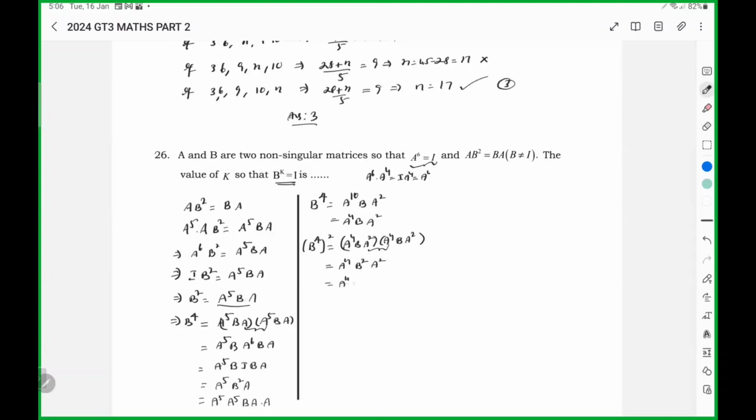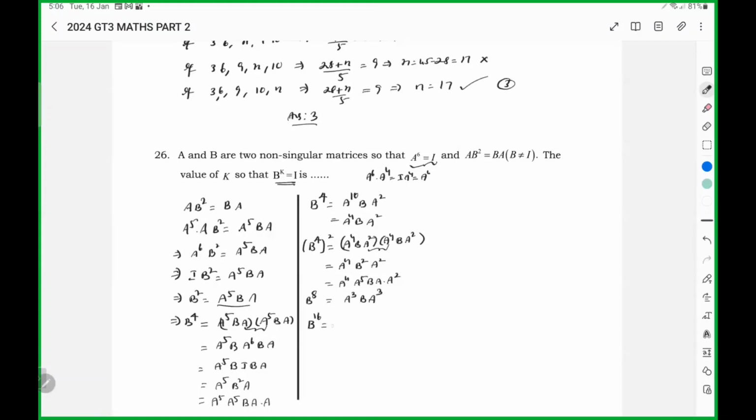B square is A power 5 BA into A square. It's A power 9, A power 6 into A cube. A power 6 is I. Here it is A cube. And this is B power 8.